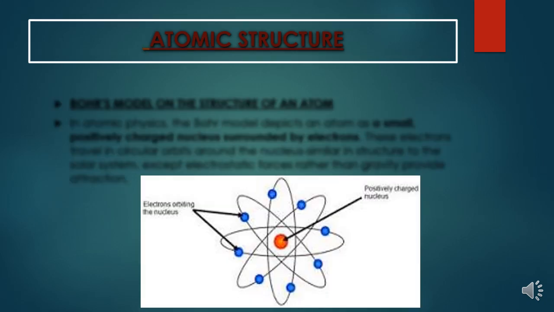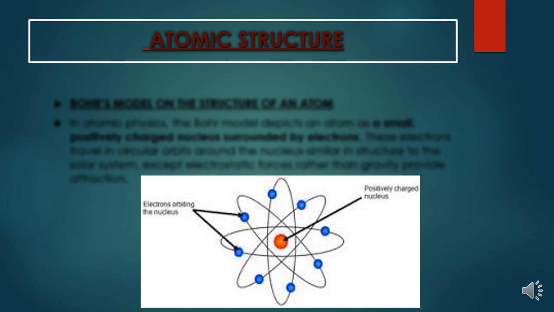So now we need to understand some assumptions that earlier scientists made on the structure of an atom. One scientist depicted an atom as looking like a solar system, where we have the central part, the nucleus, like the sun, and planets that revolve around it, and these planets are electrons.